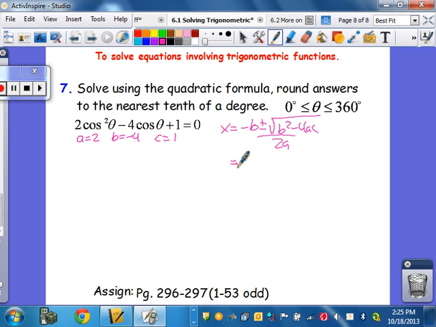Okay? So minus a minus 4 is 4. Plus or minus the square root of b squared. Well, negative 4 squared is 16 minus 4 times 2 times 1 all over 2 times 2. Okay? And now if I do this, it's 4 plus or minus the square root of 16 minus 8. That whole thing's 8.